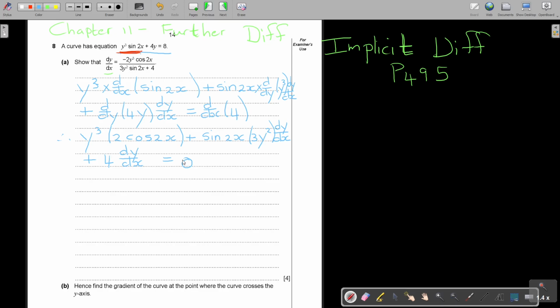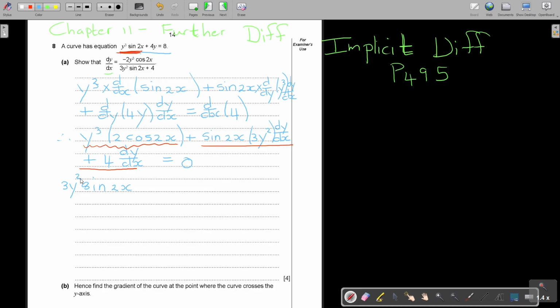Now I'm going to take all the terms with dy over dx and leave them on this side. And this one I'm going to take to the other side because it does not have a dy over dx. So I can say sin 2x, and I'm going to put this extra step in so that you can see it nicely. Let me rearrange it a little bit so you see it better. Let's put the 3y squared in front, and then sin 2x.